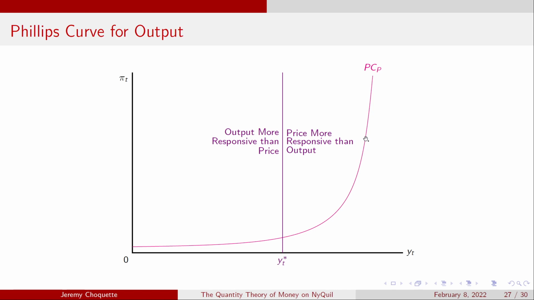Now, let's say we're here. The economy's booming. Things are doing really well. And the central bank decides they want to increase the money supply. Well, if they do that, you're going to get a little bit of an increase in output, but you're going to have a major jump in the price level, leading to high inflation.